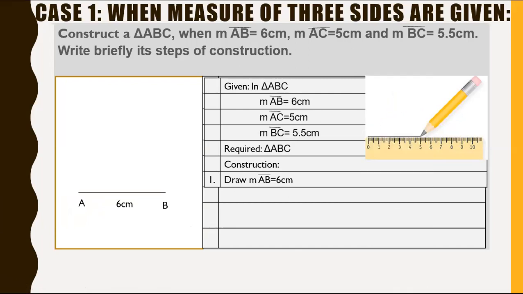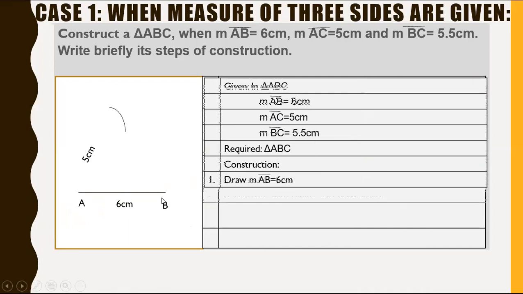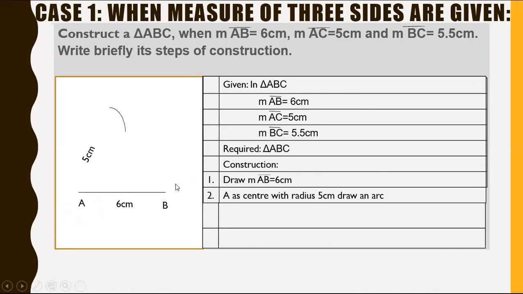Now here with the measurement of 5 centimeter, you have to draw an arc, where you have to put the compass at A, because AC is equal to 5 centimeter, right? So put the compass at A with a measurement 5 centimeter, draw an arc. Now BC is equal to 5.5 centimeter. Put the compass on B with a measurement of 5.5 centimeter.